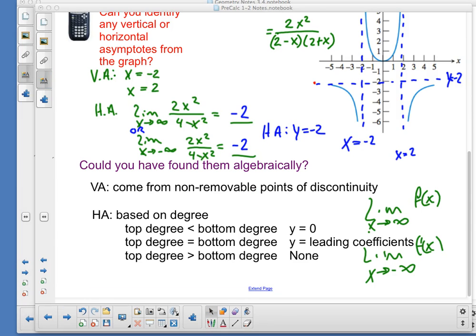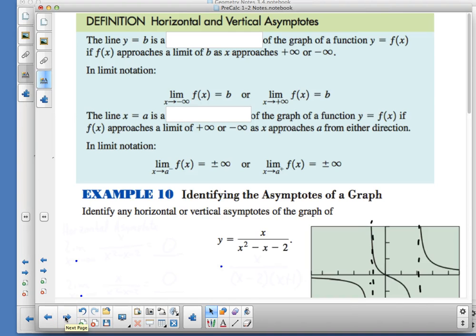New things. Okay, so we're going on. Here's the definition of horizontal and vertical asymptotes. The line y equals b is a horizontal asymptote of the graph of a function y equals f of x if f of x approaches a limit of b as x approaches positive or negative infinity. Okay, so in limit notation, that's what it means.